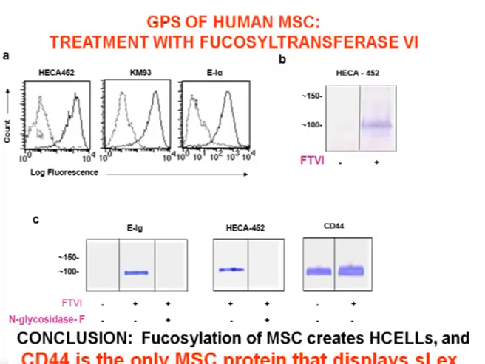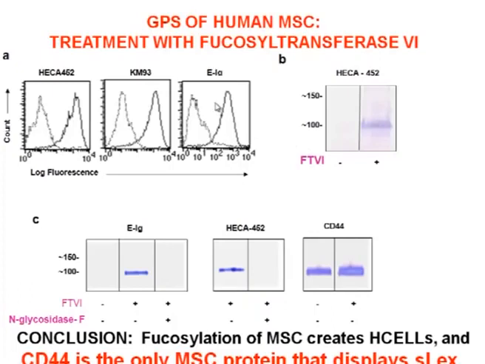And in every case, you can see by the shift in mean channel fluorescence a marked increase in reactivity with HECA 452, with KM93, and with E-selectin and IG chimera, indicating that we created the sialylated Lewis X molecule and that it was obviously functioning in E-selectin binding.